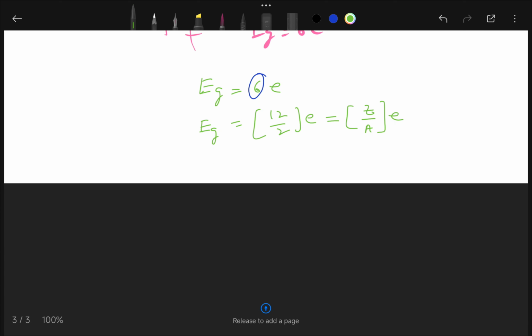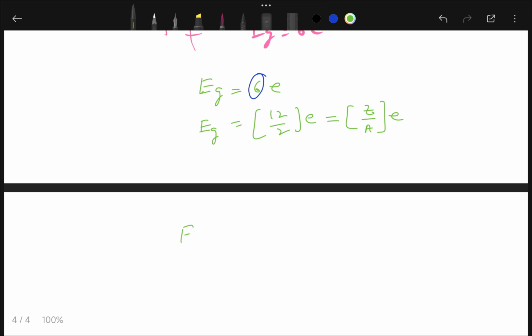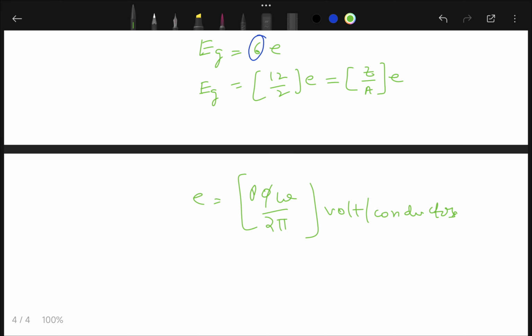Now coming to the topic, EG is equal to, I have the EMF equation for one conductor. Let us indicate with small e, e is equal to P phi omega by 2 pi. That is called the voltage induced per conductor. But all these conductors are Z, and these Z number of conductors are arranged in A number of parallel paths.